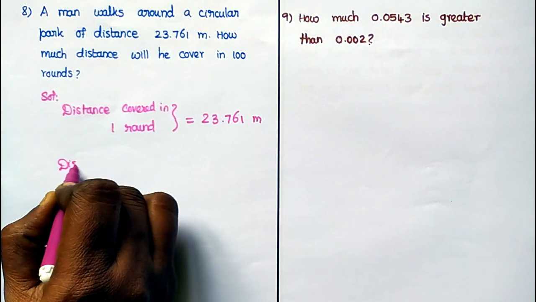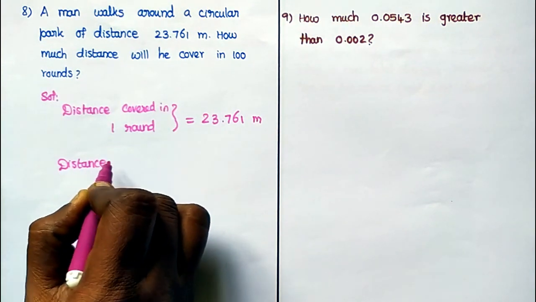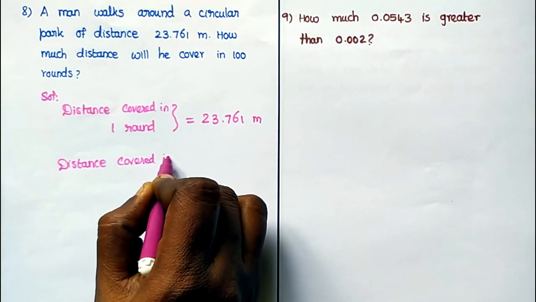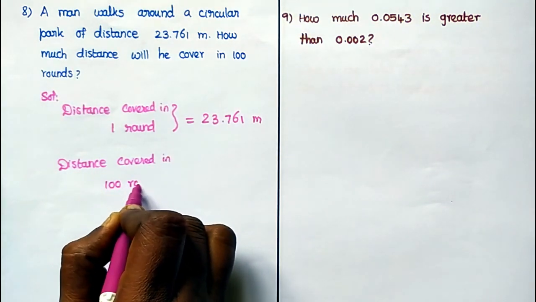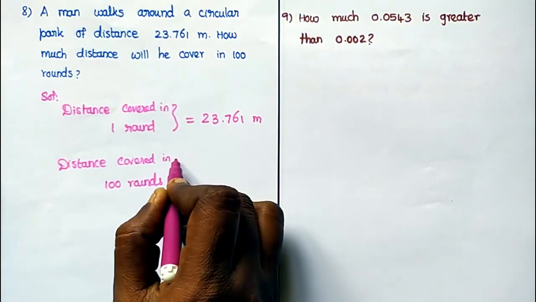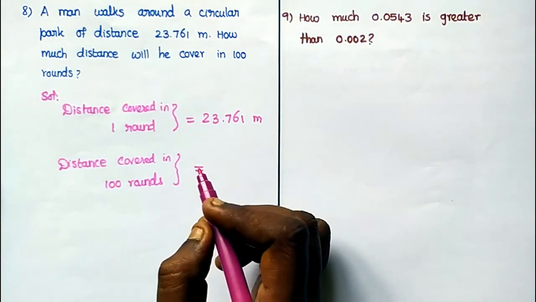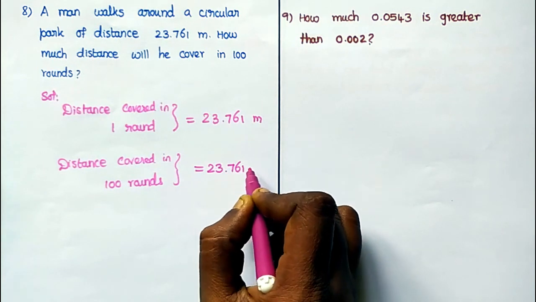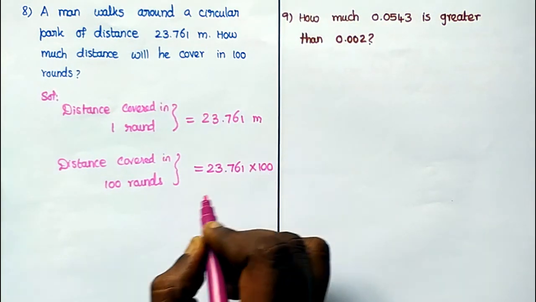So distance covered in 100 rounds, that is what they ask, is 23.761 into 100.